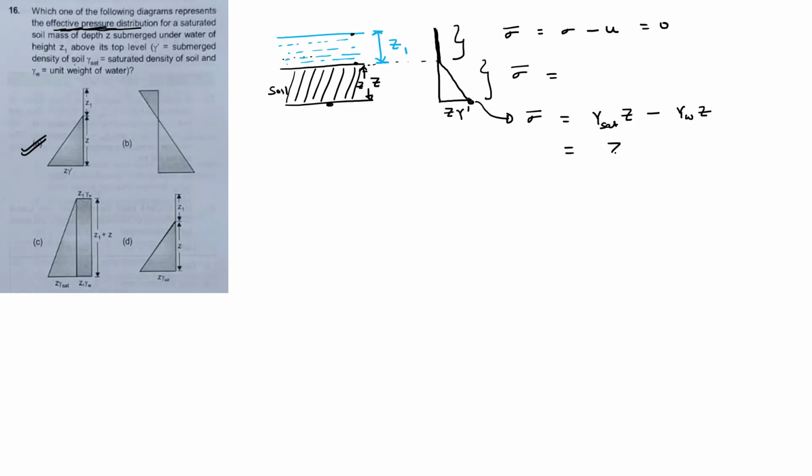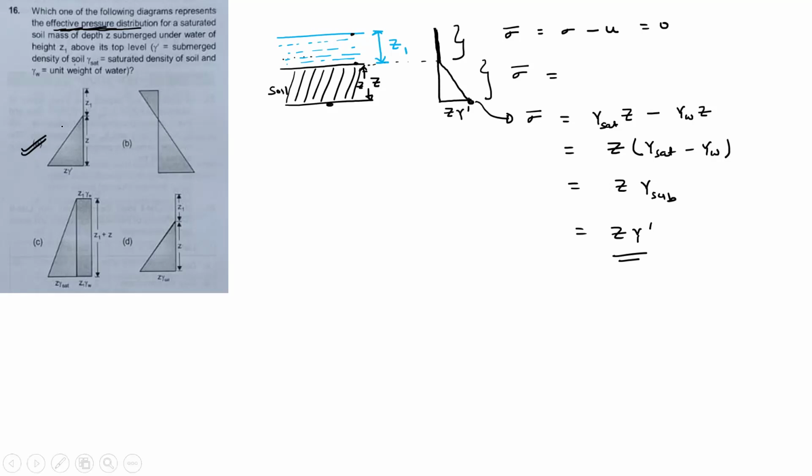If you take z common, this is (gamma sat minus gamma w) times z, so this is z gamma submerged, that is gamma prime z. So option A will be the answer. This is question number 16.